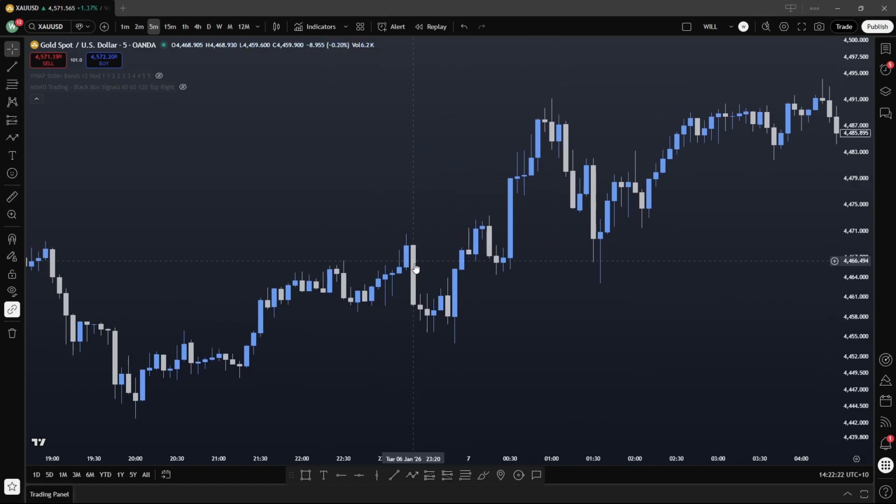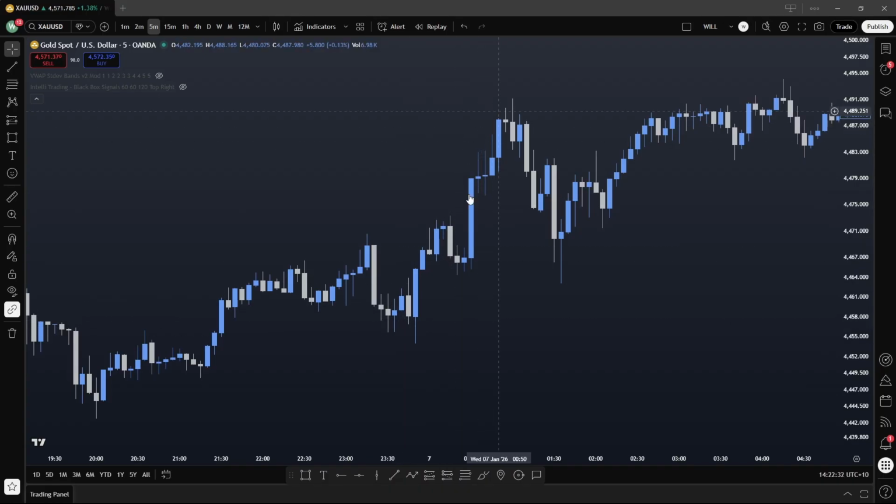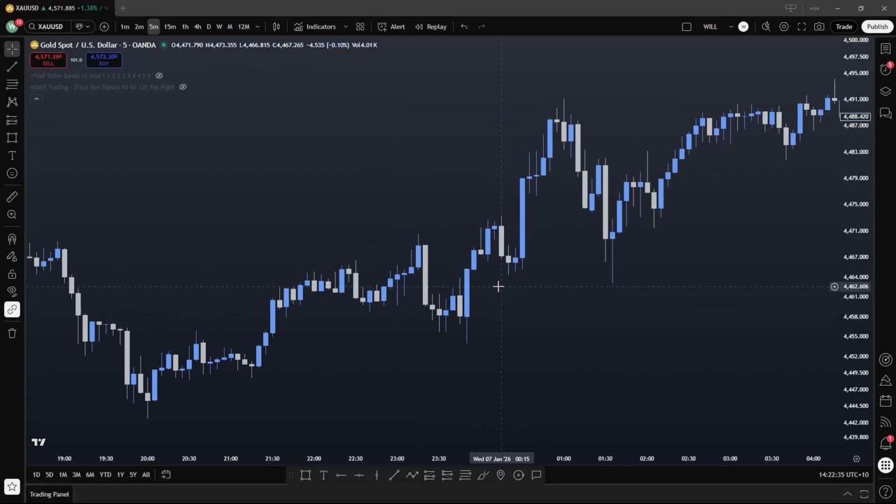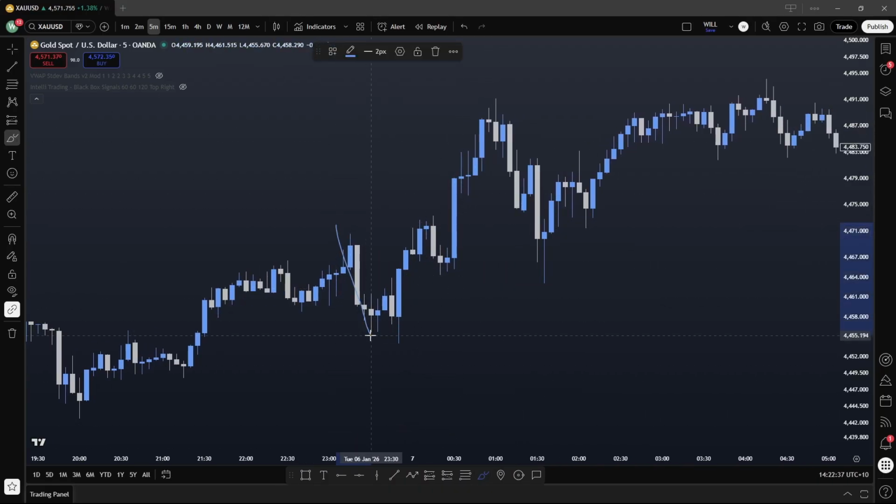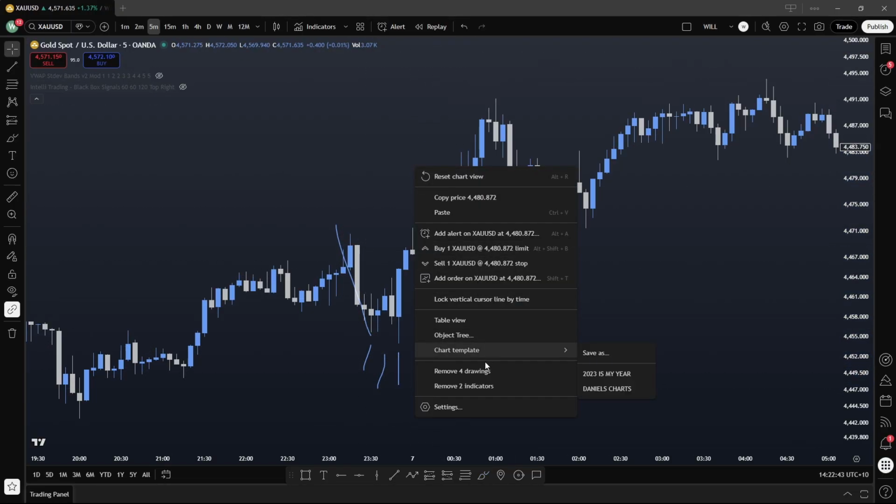Same with down here, we've had a small retracement, wicks to the downside, this whole rejection area right here. Those are all rejection candles because price has continued to the upside. Essentially, we've had a move to the downside, rejection, push to the upside, if that makes sense.